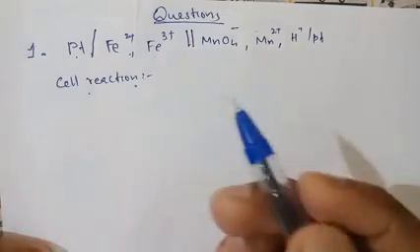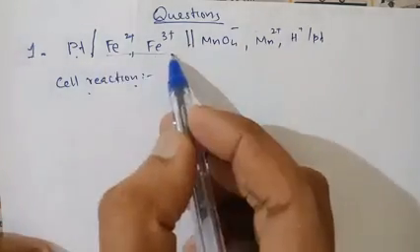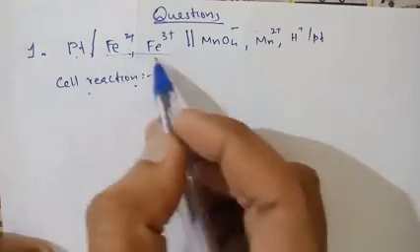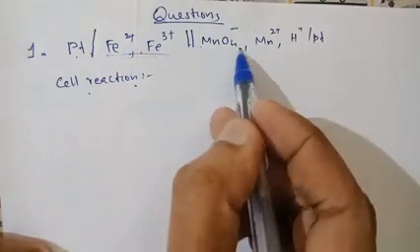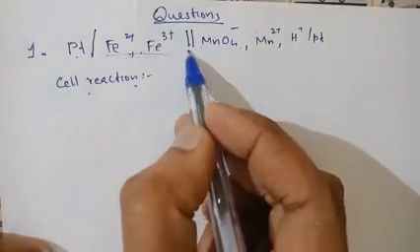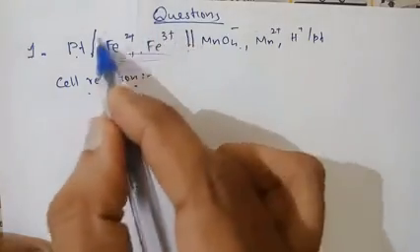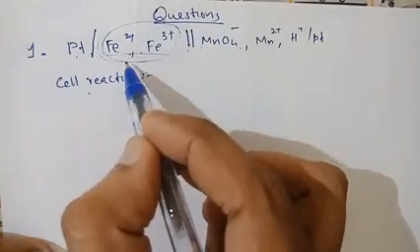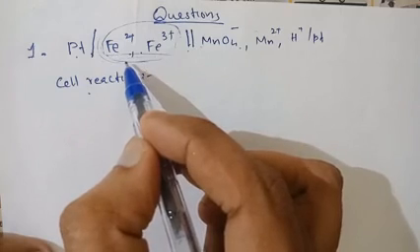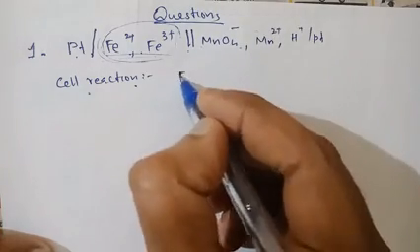So first, check what is the anode. Anode means the oxidation part. This is the anode, this is the cathode, and this one is the salt bridge. In the anode, oxidation always takes place. Oxidation means an increase in oxidation number. So which is the anodic part?